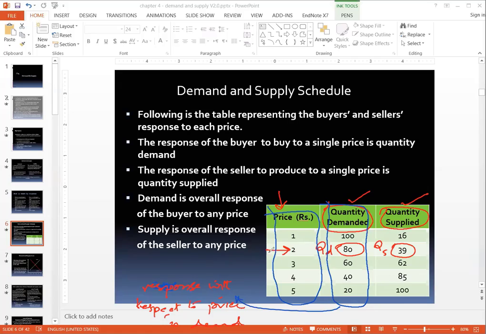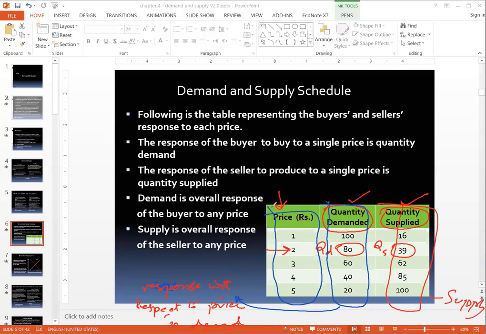So if you fix one price, the answer is quantity demand. If you take a series of different prices and you take the data, this is demand. So if you fix a price and you get an answer, we call that answer quantity demand or quantity supply. But if you don't fix a price and you compare all prices with all responses, we call it demand or supply. So supply is the overall response to any price.